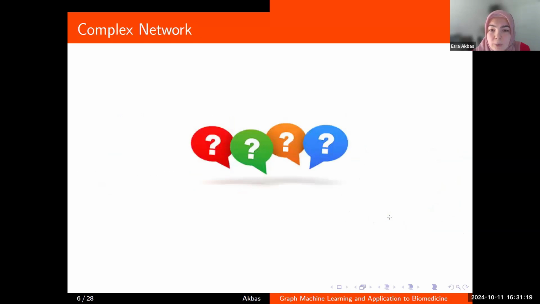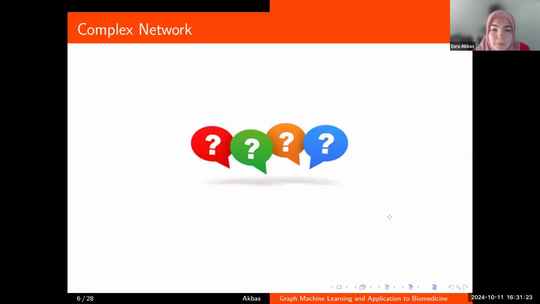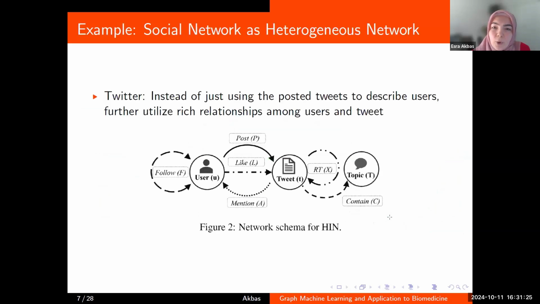So what about complex networks? This looks simple, but we can create more complex networks. Like in Twitter, instead of just defining users, we can define different types of nodes. From the user perspective, we follow each other, so it creates one type of relation. A user posts a tweet, so we create another node type, a tweet.